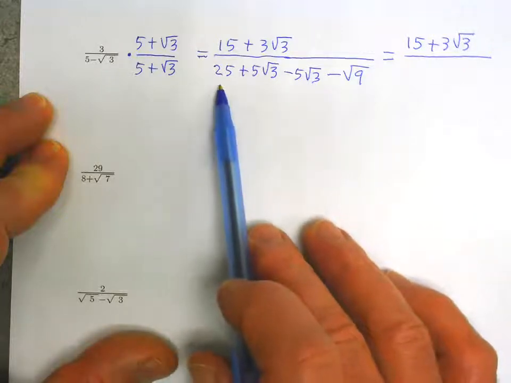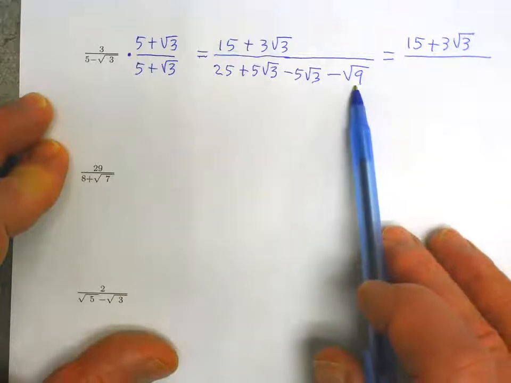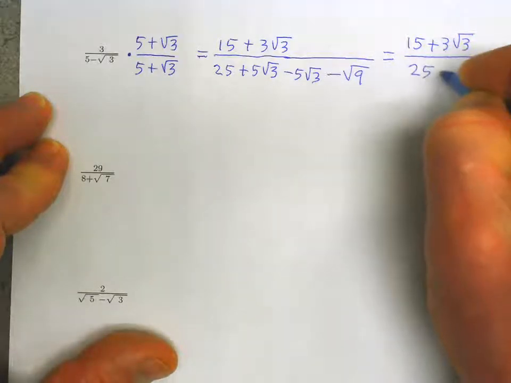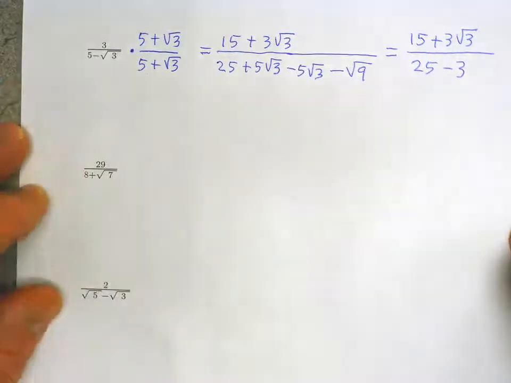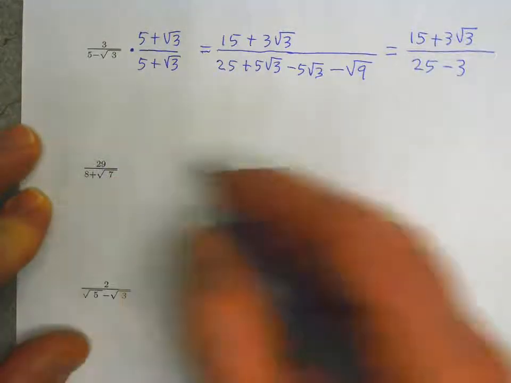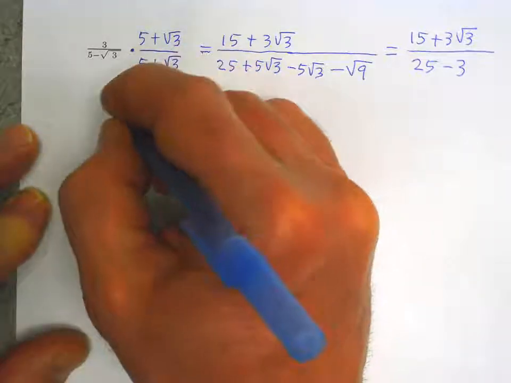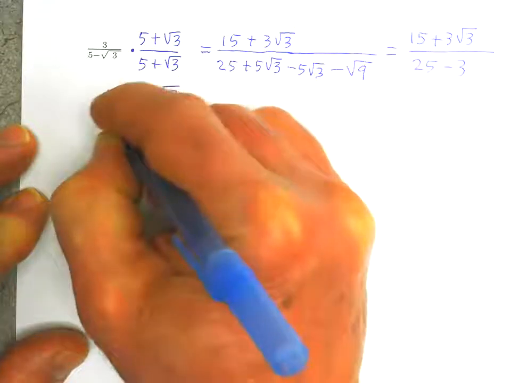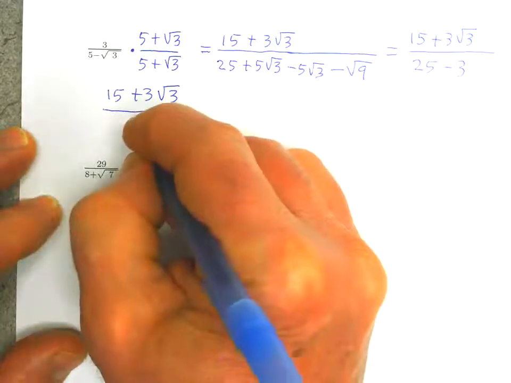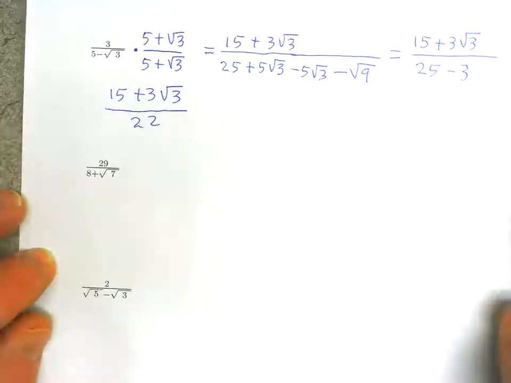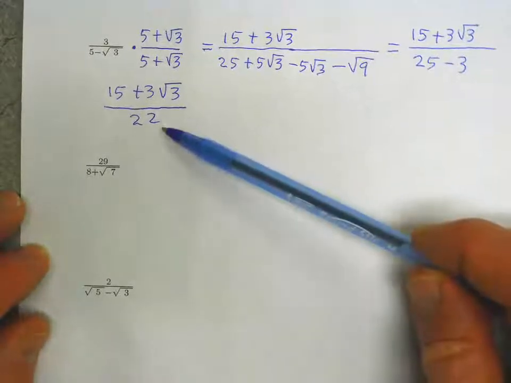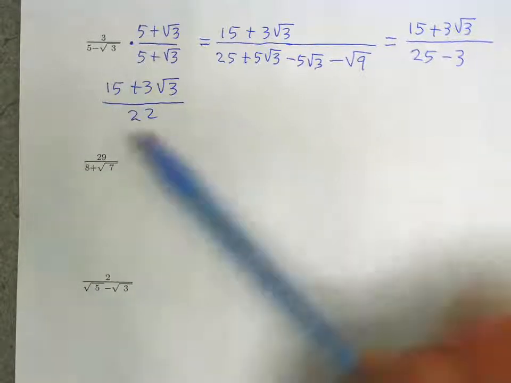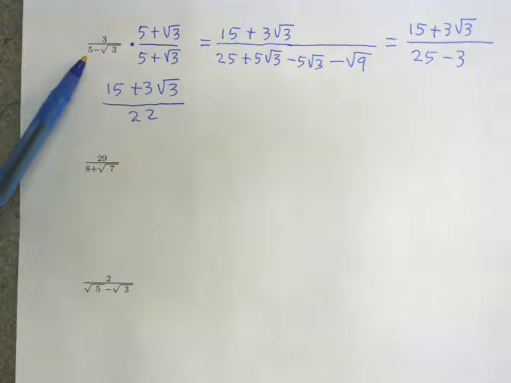And then we have 25 minus 3 because the square root of 9 is 3. So we can write 25 minus 3. And then the final step is 15 plus 3 times the square root of 3 divided by 22. So the denominator is 22. That's a rational number, but its value is exactly the same as the number that we began with.